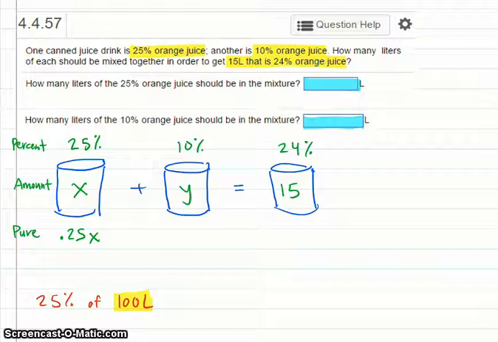If you think this over, you would rationalize that 25 liters is the pure amount. One way you figure this out is you change the percentage into a decimal, 0.25 times 100, which is equal to 25.